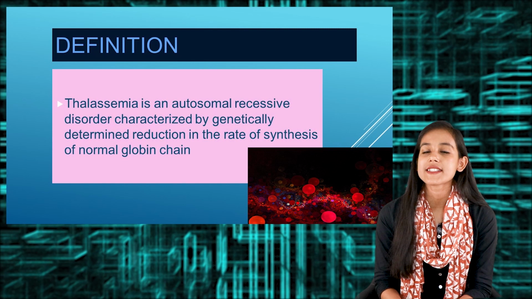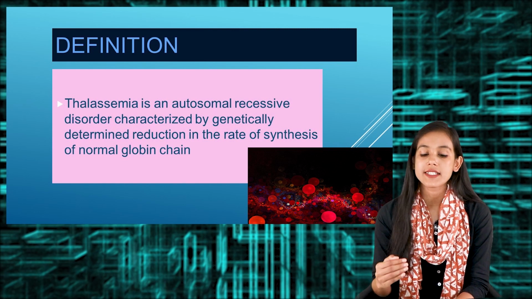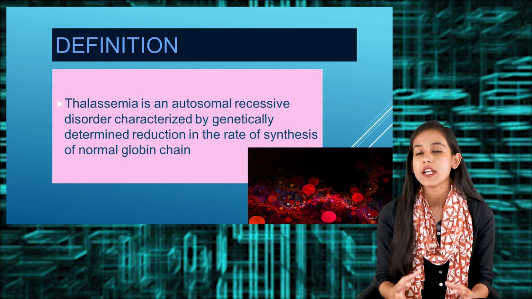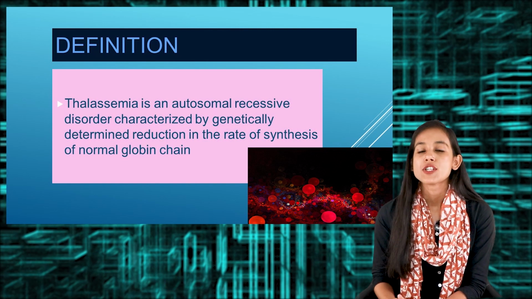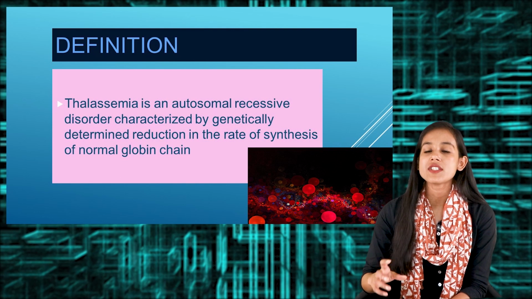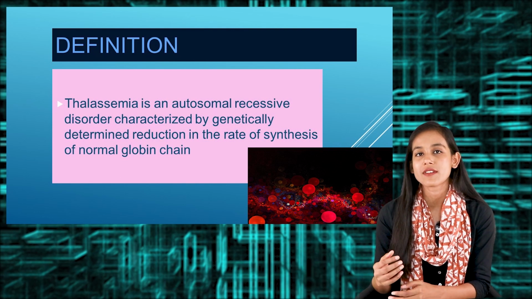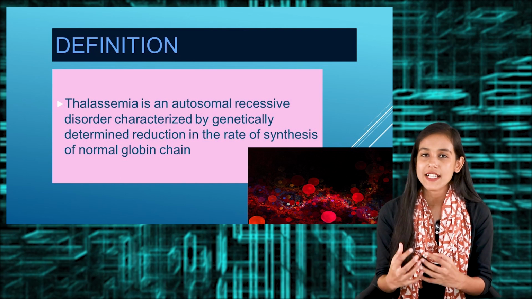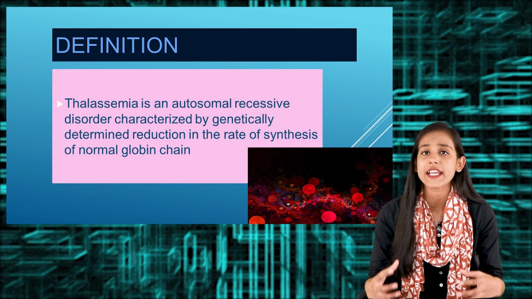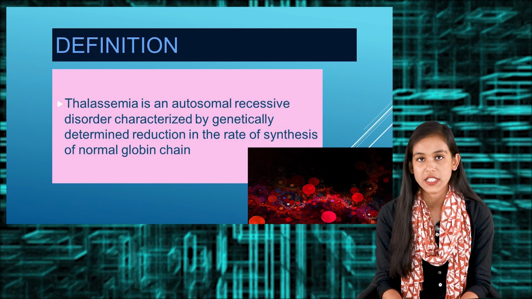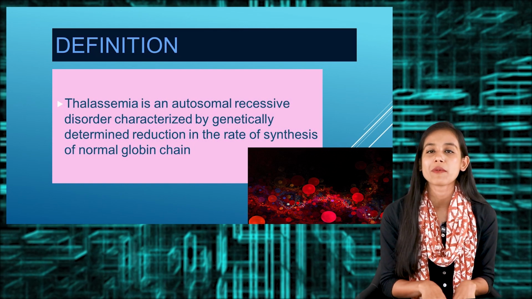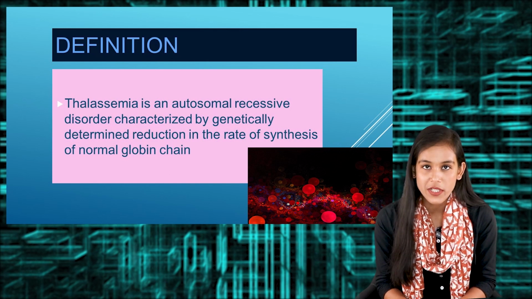And then we are saying it is characterized by genetically determined reduction in the rate of synthesis of normal globin chain, right? So that means the globin chain is not getting synthesized properly. There is a reduction in the synthesis of the globin chain. There is not enough formation of the globin chain. And we learned that each of these hemoglobins is made up of these globin chains, right?